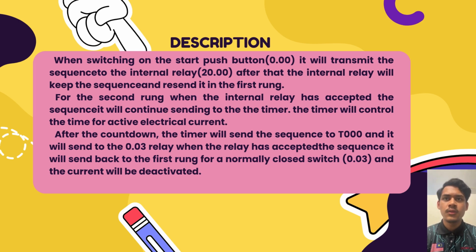After the countdown, the timer will send the sequence to T00 and it will send to the 0.03 relay. When the relay has accepted the sequence, it will send back to the first round. For normally closed with 0.03, the current will be deactivated.